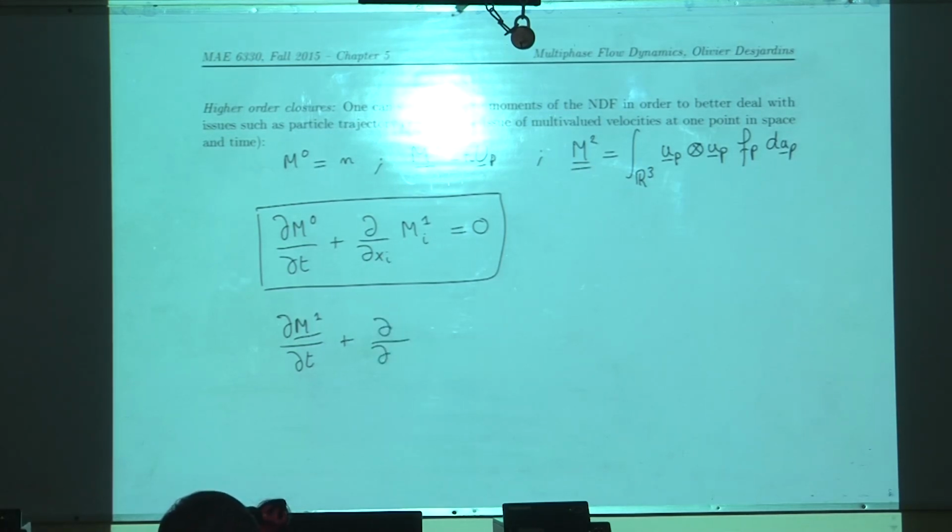We go to the next equation and we find that the first moment equation will contain a divergence. I keep mixing notation. Let me stick to index notation. This will be i, this will be j, and this will be 2. We will have now a divergence of the second order moment. So if you solve for the first order moment evolution, you'll find a divergence of the second order moment showing up.